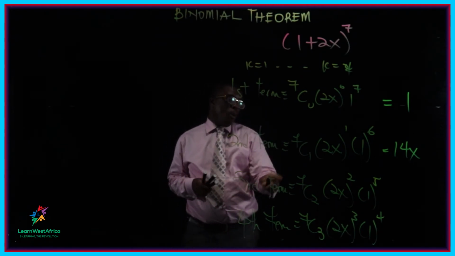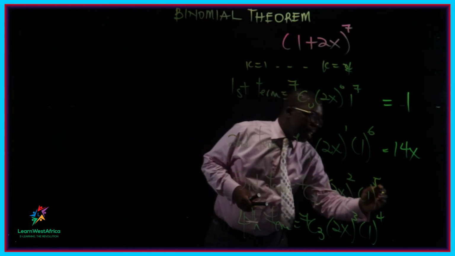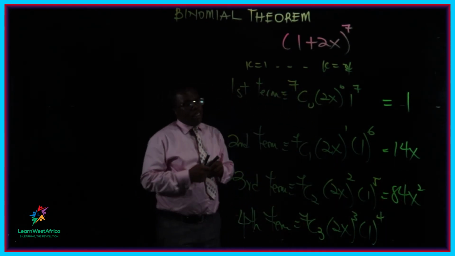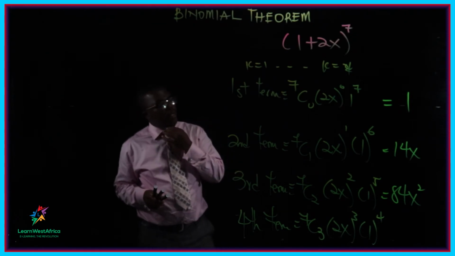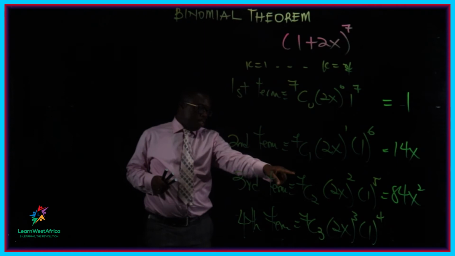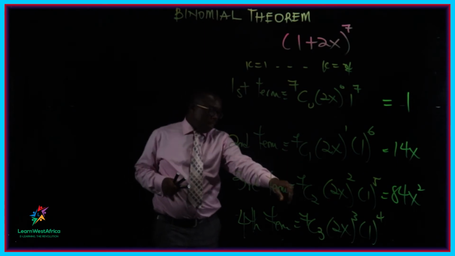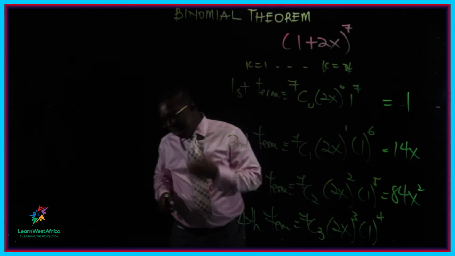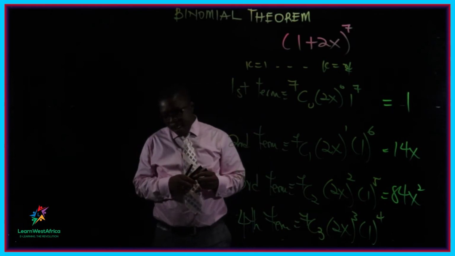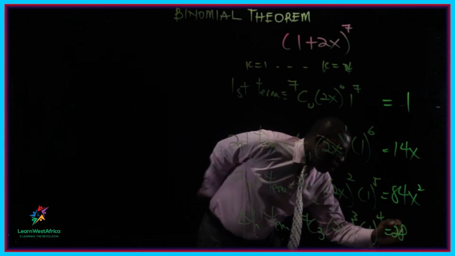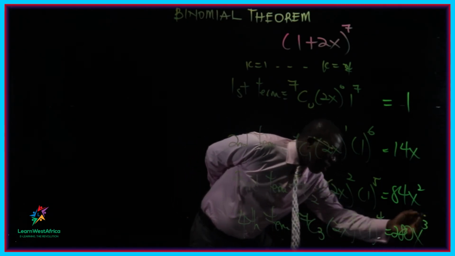Yeah, 84. So this is going to give us 84x squared, right? Then our fourth term, we have 7 choose 3, that's 35. 2 cubed, 8x cubed. So 35 times 8 should give us 280. So this is going to give us 280x cubed.